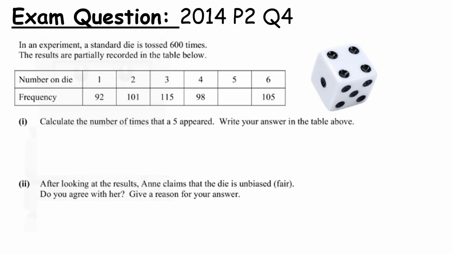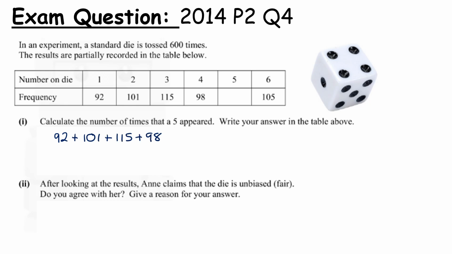So let's take a look at question 4 from the 2014 Junior Cert Higher Level Paper 2. In an experiment, a standard die is tossed 600 times and the results are partially recorded in the table below. Calculate the number of times that the 5 appears. So the first thing we're going to do is add together all the current frequencies that we have.